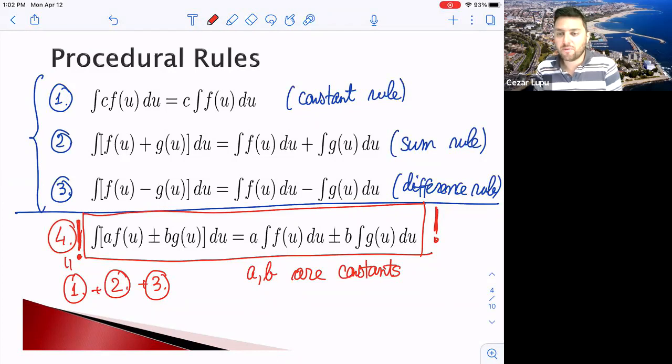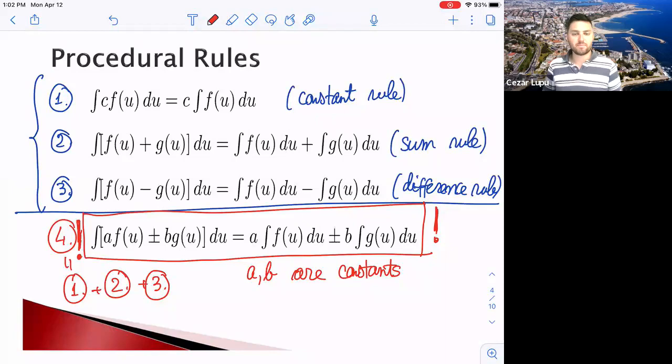If you remember the fourth one, I think it's enough. Of course, you can take the constants to be a equals b equals 1. You will get the second rule, or the third rule, sorry; the second and the third depend on how you take the plus or minus. Also, if you take g to be 0, you'll get the first rule.